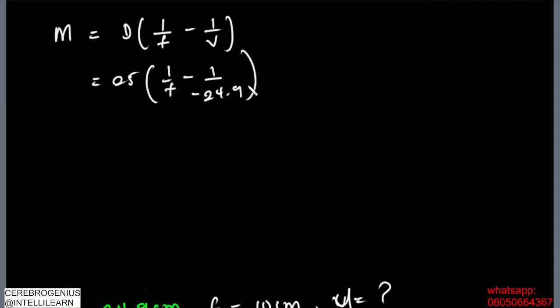So 25 times 1/10 plus 1/24.9. So let's see what's going to happen. We have 3.50 something, which is greater than 3.5. So the magnification is 3.504. Now something is wrong.